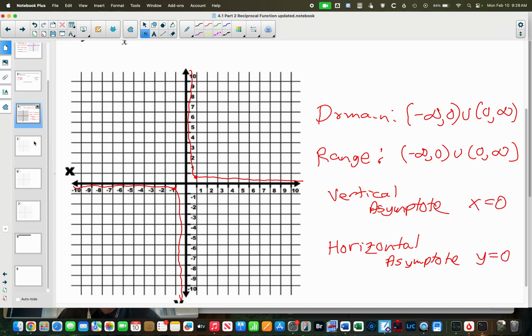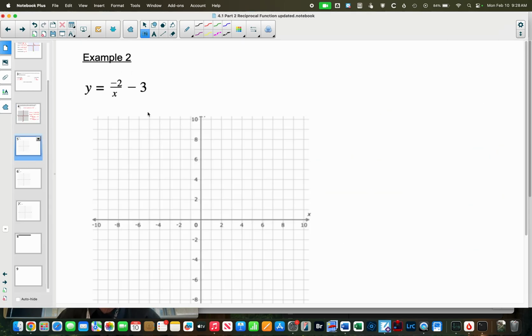Let's move on to a more interesting problem. Let's discuss the transformation here. The negative reflects it over the x-axis, so it's going to be reversed.